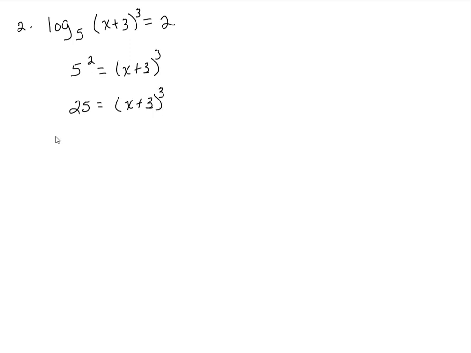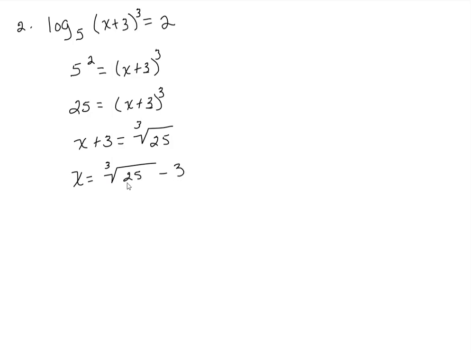I'm going to take the cube root of both sides. So I get x plus 3 to be the cube root of 25, and then I subtract 3 from both sides. So I have the cube root of 25 minus 3.